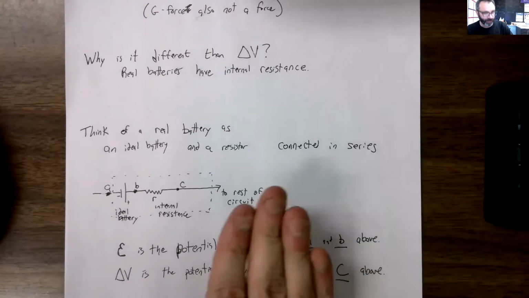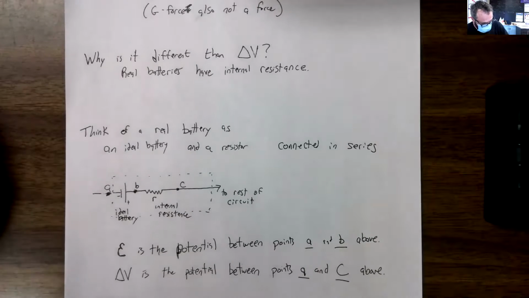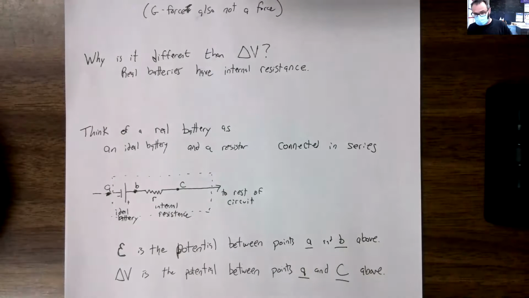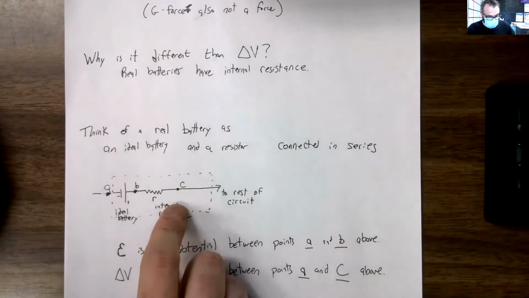It acts like an ideal battery because it self-regulates. So the DC power supplies that we're going to be using in the building are self-regulating. They act as ideal batteries. The D batteries and the batteries we connect to are going to be real batteries, and they have internal resistance.